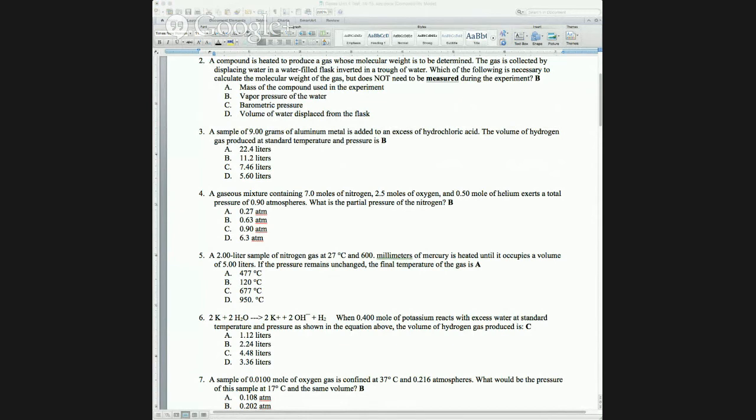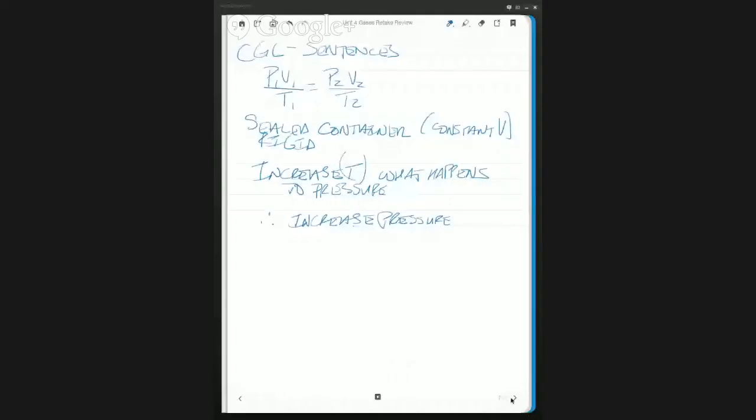Okay, so I'm going to share that Bamboo document with you again and walk this through. So this is multiple choice number 3.